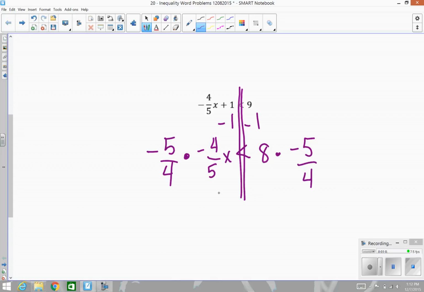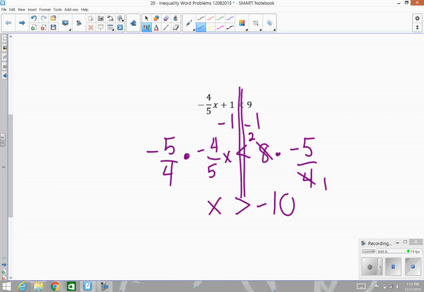Okay, these will go away on the left-hand side. We'll have x. Oops, I almost messed up. Don't forget, when you multiply or divide by a negative, what do we have to do? Reverse that sign. Okay, and then we can cross simplify. 4 goes into 4 once, 4 goes into 8 2 times, and 2 times negative 5 is negative 10.